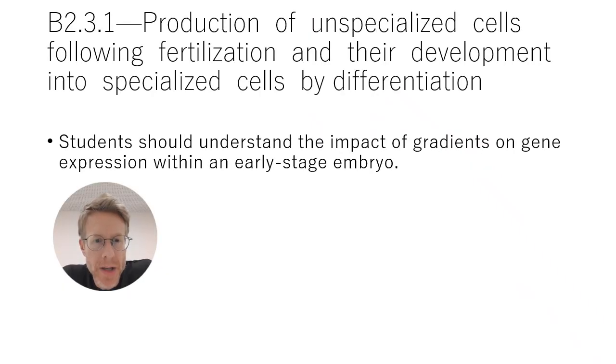So stem cells are unspecialized. And when an organism, let's talk about a human, first comes into existence, we're just one cell. And that cell then divides to become all the cells that we end up being composed of. An adult human is roughly 50 trillion cells.